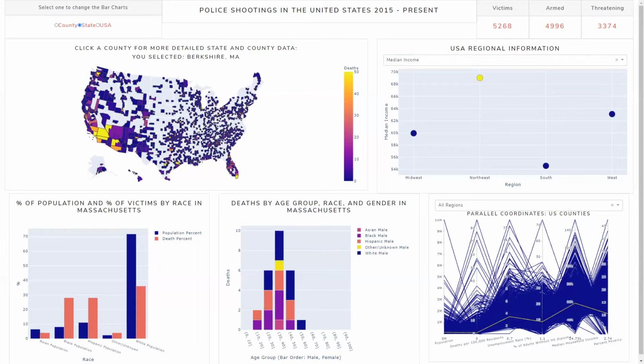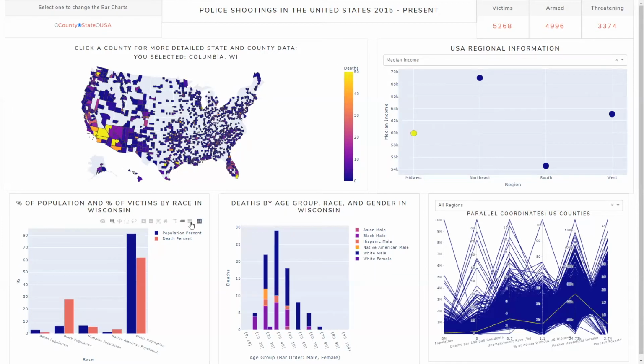So we also have a bar chart, and this bar chart shows the percentage of the population size versus the percent of those killed in that population. So if I click on a certain county, we can see that this has a very high percent white population.